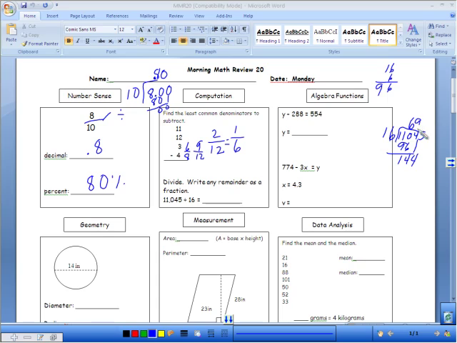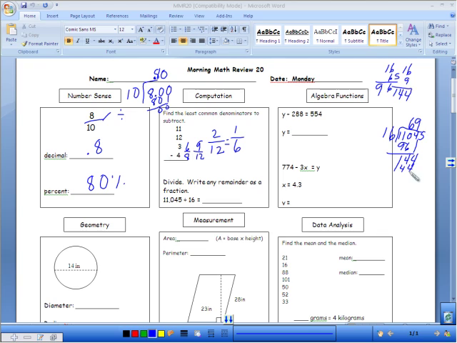That goes up here. 16 times 9. 9 times 6 is 54. Carry my 5. And 9 times 1 is 9, plus 5 is 14. As we can see there, it's even.